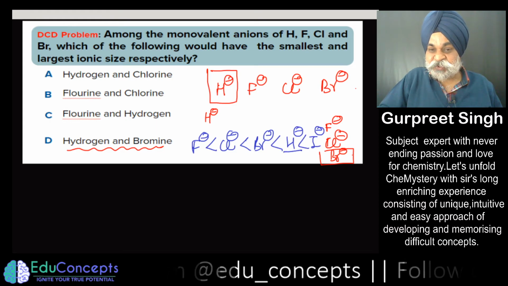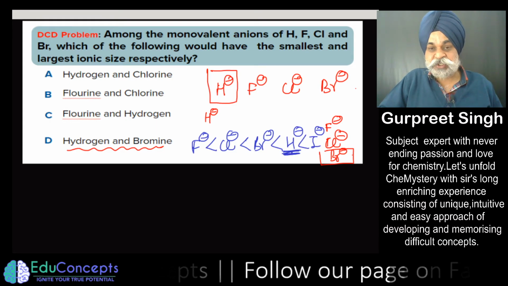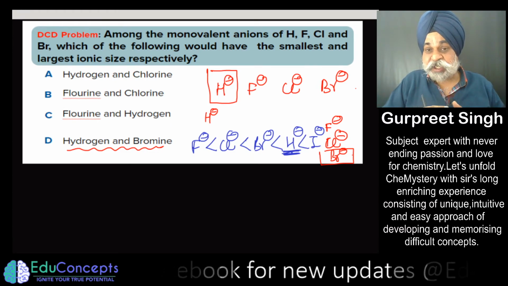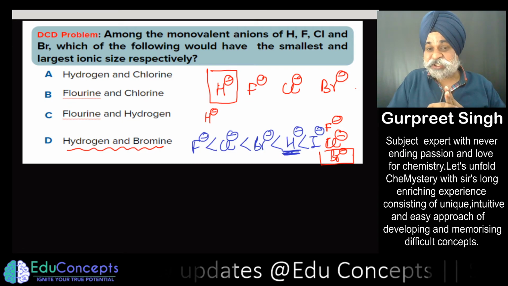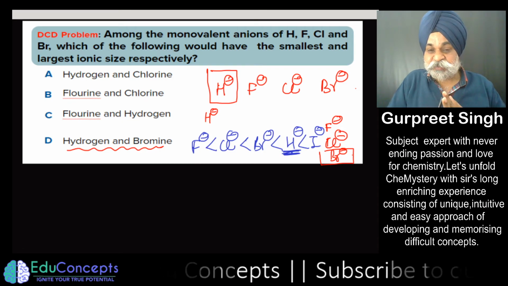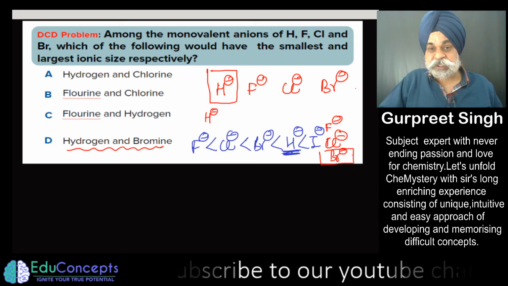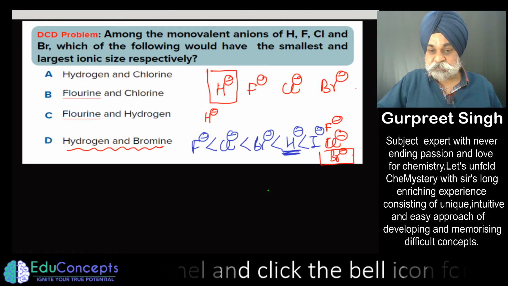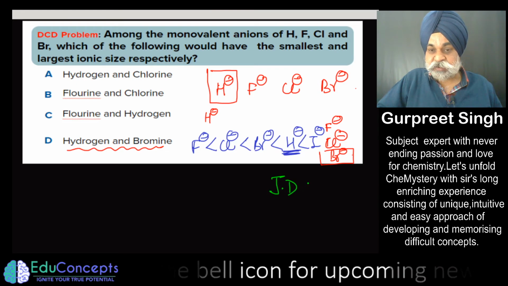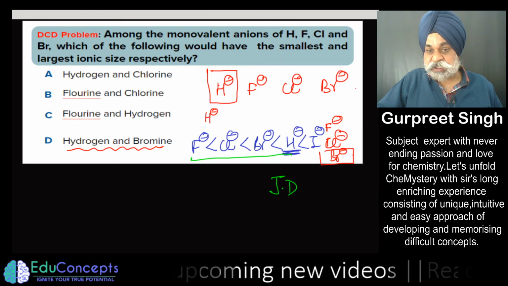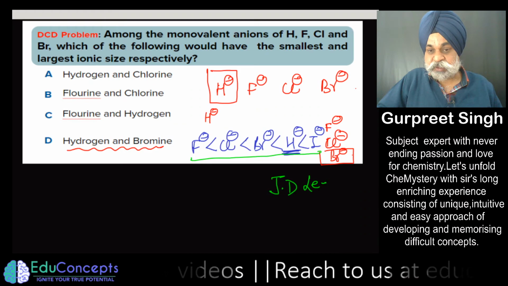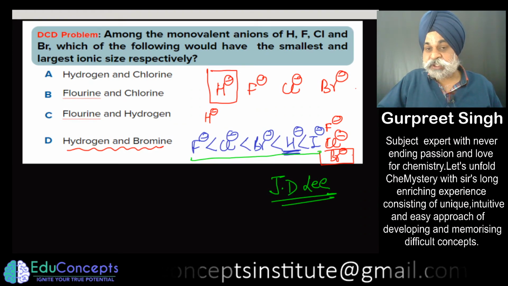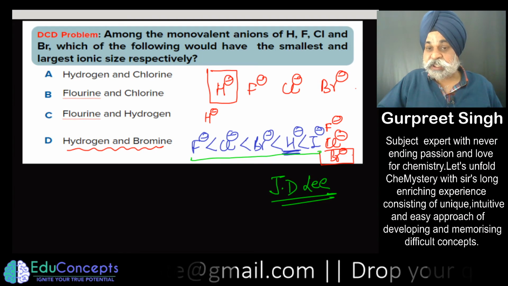So this information you have to retain: H negative has quite a big size, even bigger than Br negative. This has been endorsed in a book called JDT, a foreign author's book, which is quite a good source to endorse the fact that this actually happens.